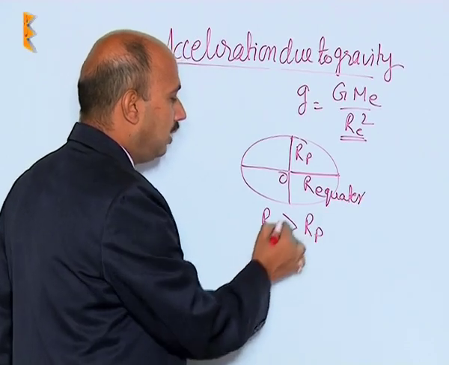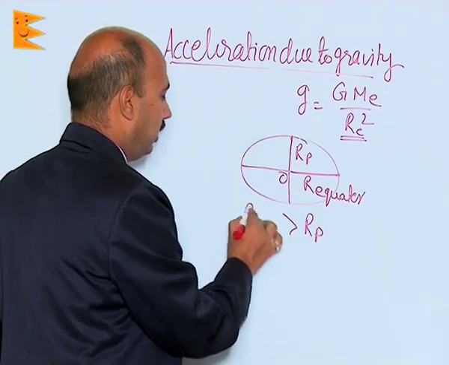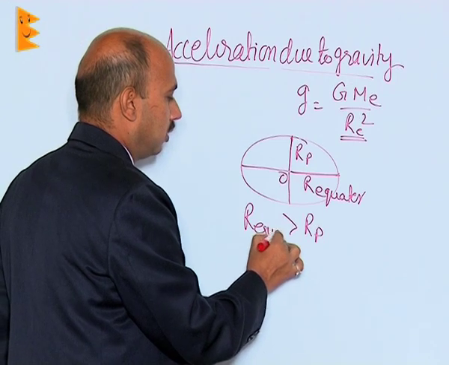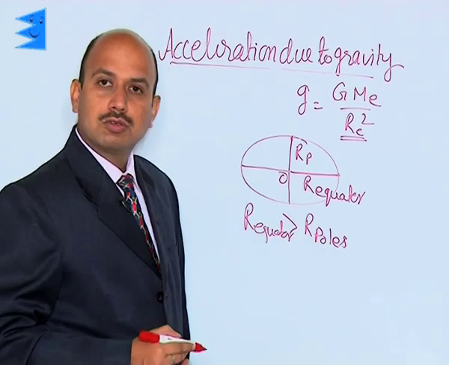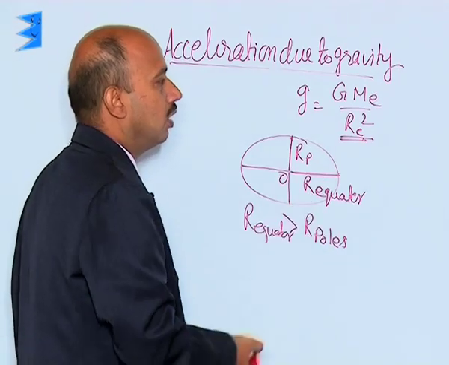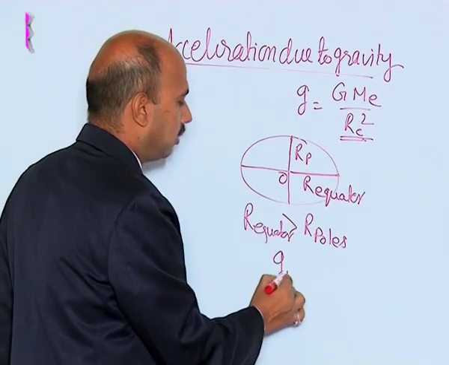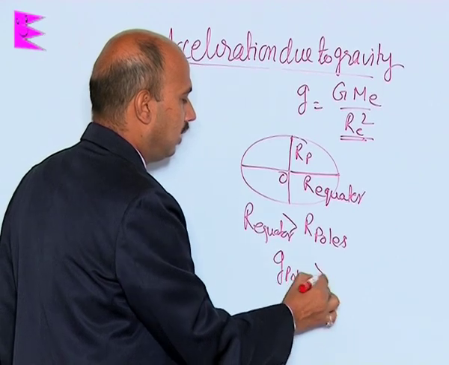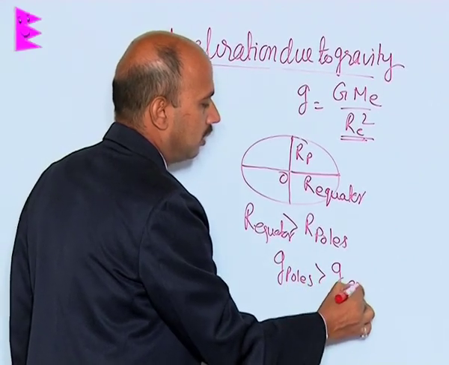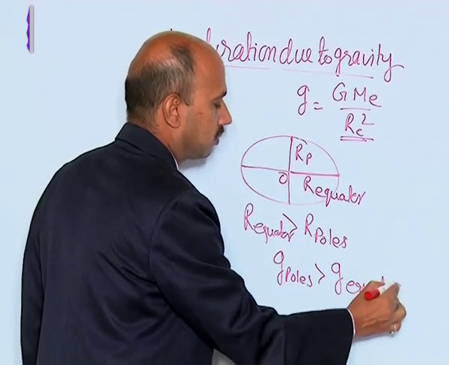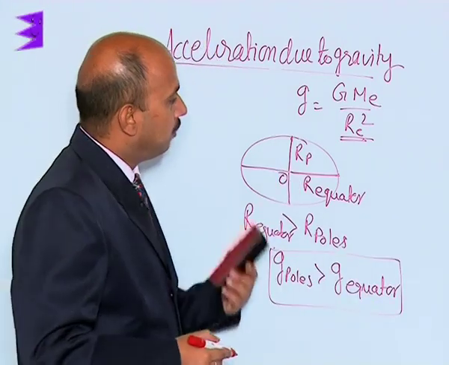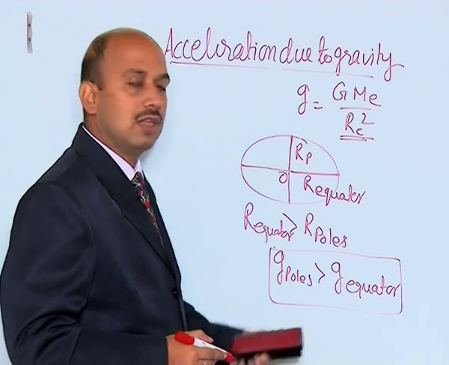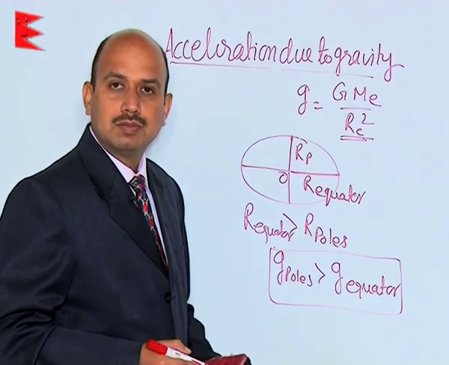So Re stands for the radius at the equator. The radius at the equator is greater than the radius at the poles. So by this formula, obviously g at the poles is greater than g at the equator. This is the effect of the shape of the earth on the value of acceleration due to gravity.